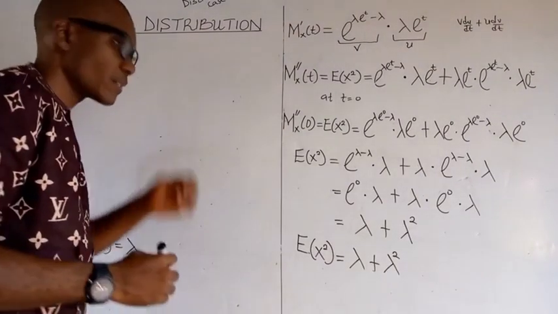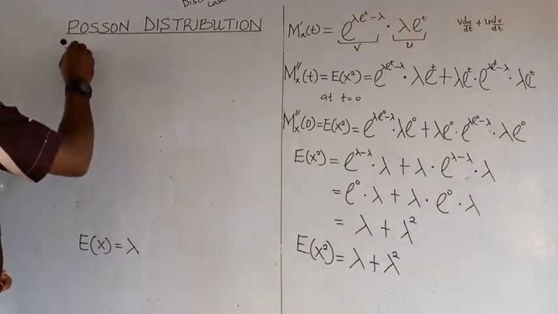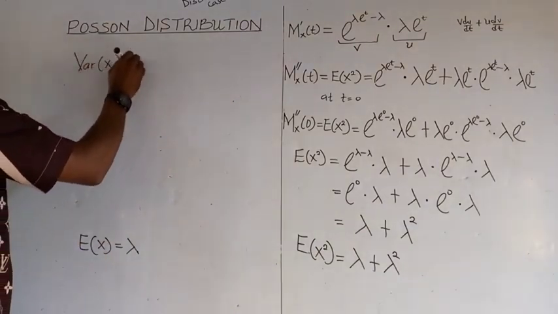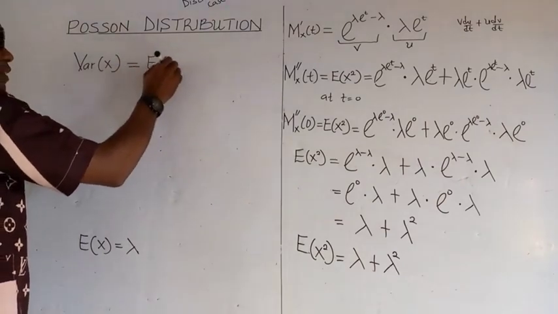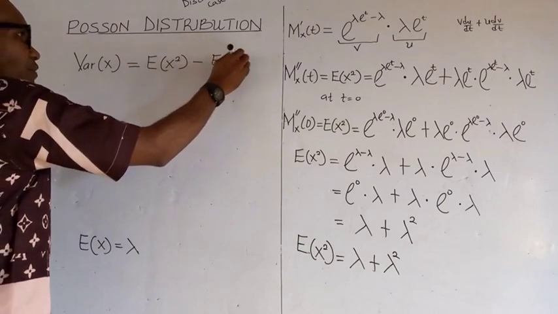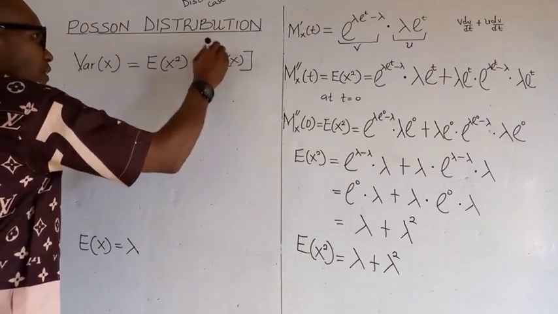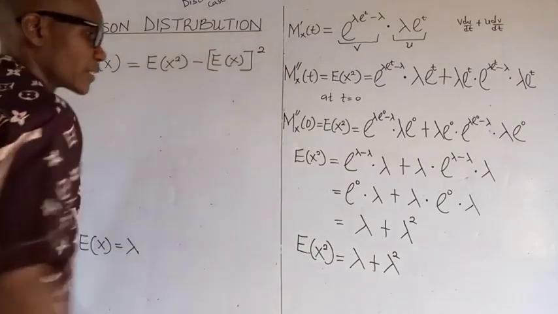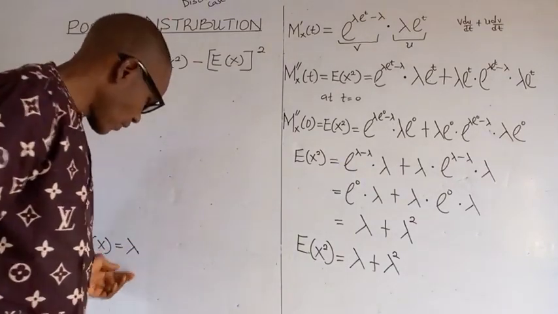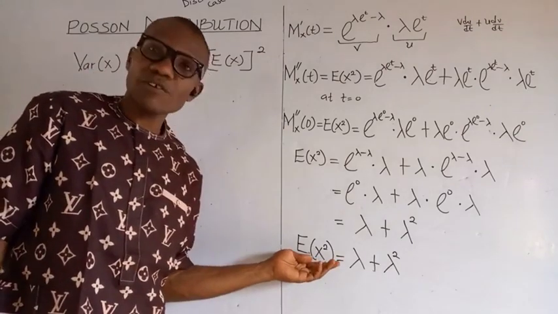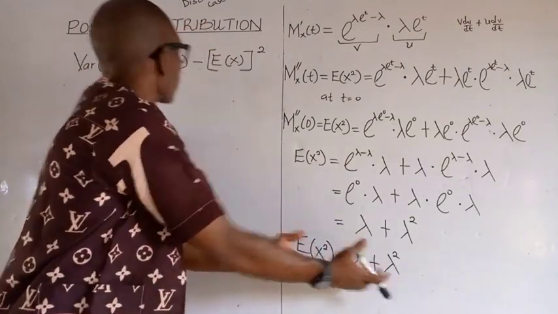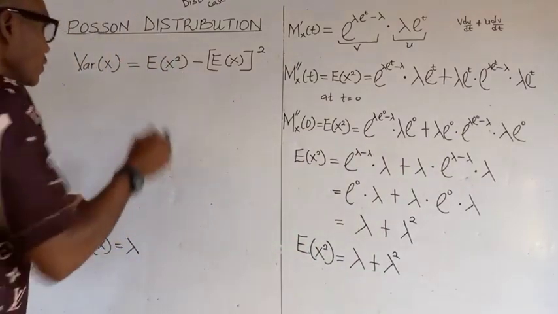How can we get the variance? We know that the variance of x is equal to the expected value of x squared minus the expected value of x all squared. So it's very simple. We have our expected value to be lambda and our expected value of x squared to be lambda plus lambda squared. So we just substitute all of this into this.